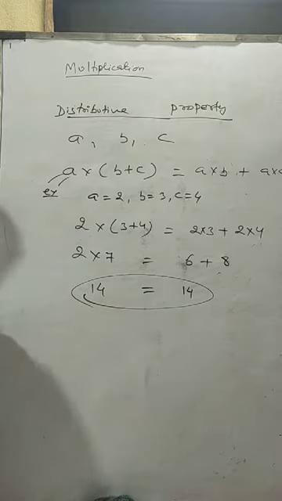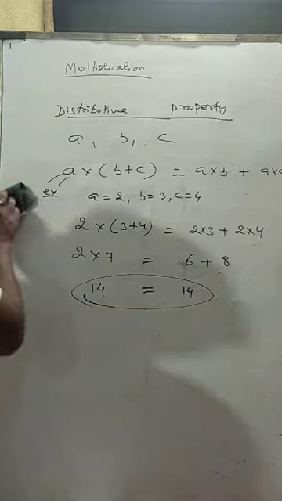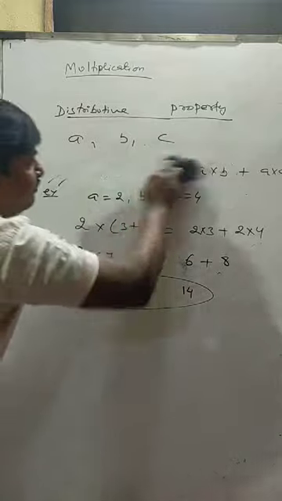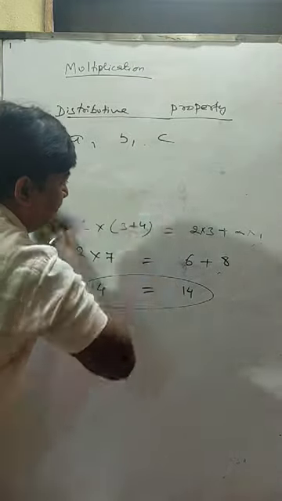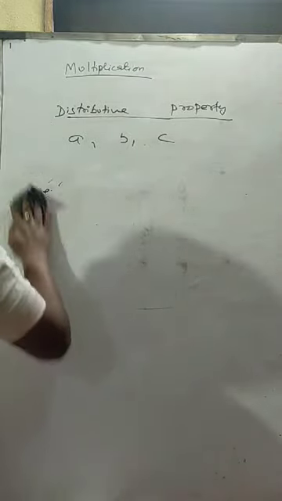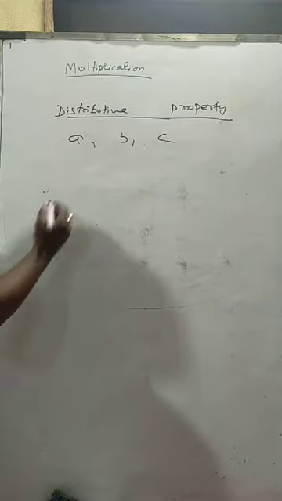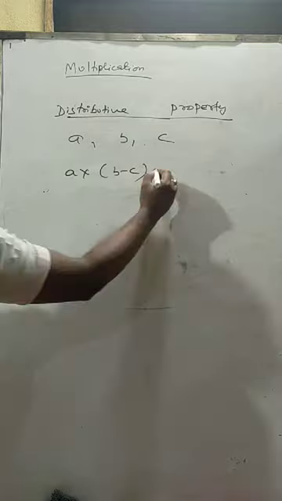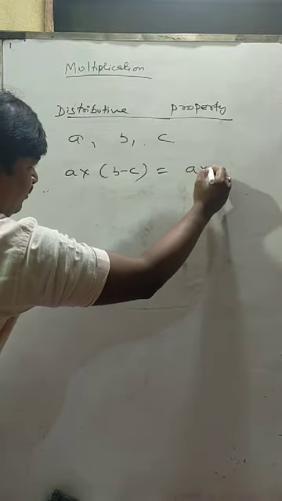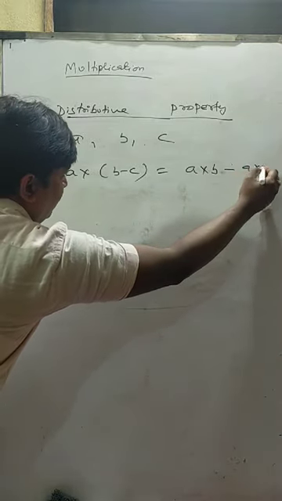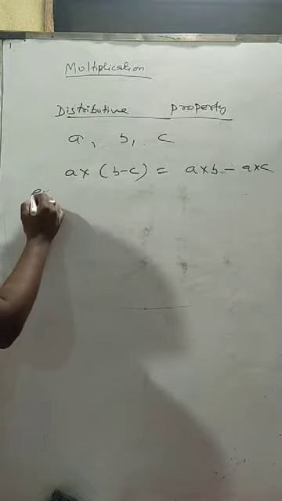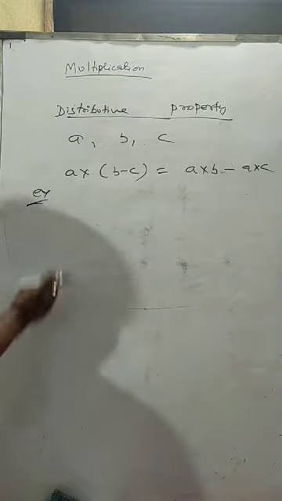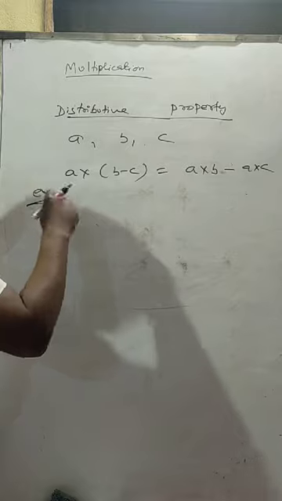The same property can be applied with the minus also. That means A × (B − C) is equal to A × B − A × C. See the example. The same way, we will replace A, B and C by 2, 3 and 4.